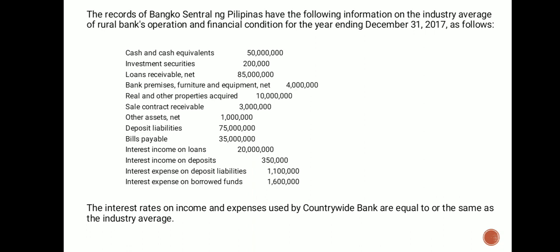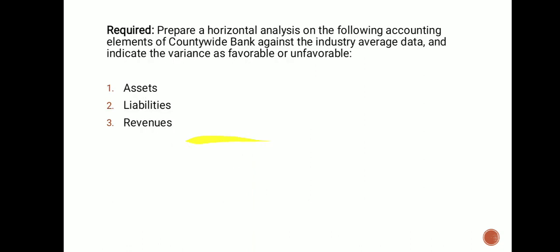And then we also have the industry average data regarding banks gikan sa BSP for the year ending December 31, 2017. So take time to look at these figures. Okay, and then you have here the interest rates on income and expenses used by Countrywide Bank are equal to or the same as the industry average.